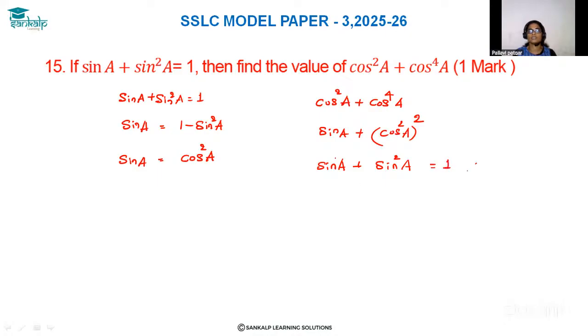So this is the value of cos square A plus cos raised to 4A.